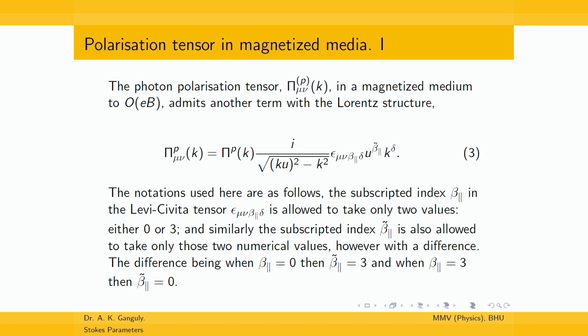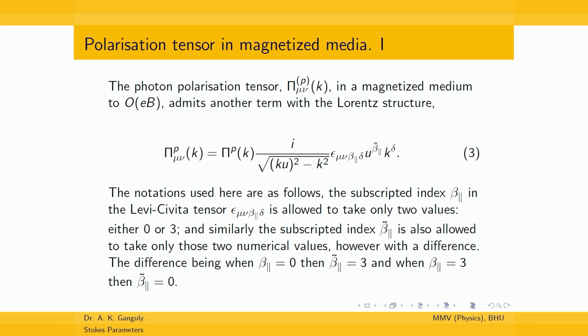Now, if we look at this general tensor decomposition and form factor, then first thing is the Bose symmetries demand that under mu going to nu and nu going to mu and k going to minus k, simultaneous joint operation, the corresponding part should remain invariant, which actually follows from the following argument. Epsilon in any case picks up a negative sign when the indices are exchanged. So, there is a negative sign from there.